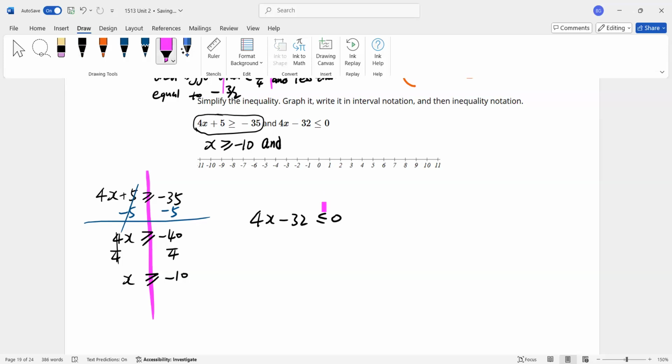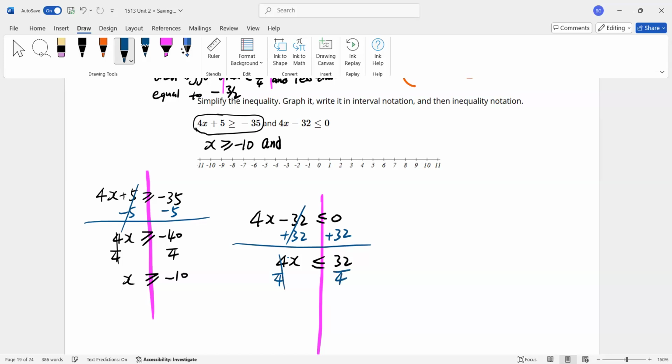Let's solve this inequality. We're going to isolate the x on the left side. We add 32 to both sides. Cancel. And we have 4x is less than or equal to 32. And then divide by 4. Cancel. And we have x is less than or equal to 8.